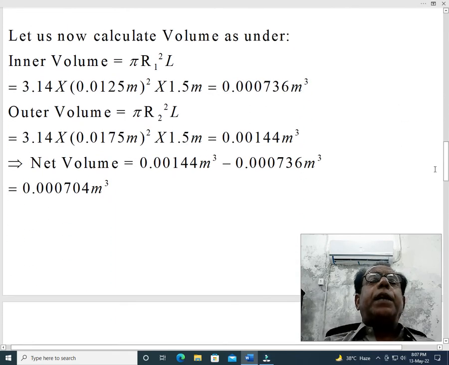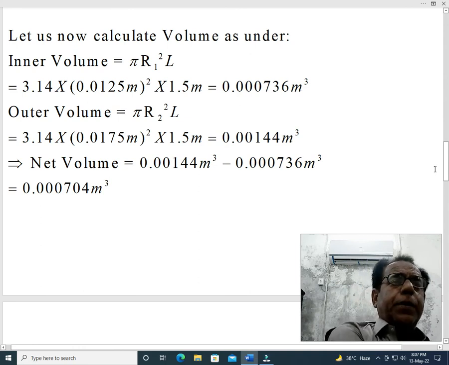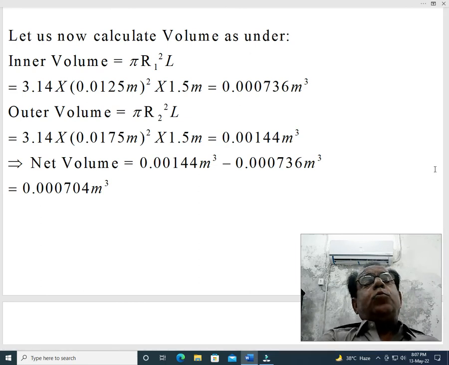Let us now calculate volume as under. Okay, dear students, as there is an inner radius and outer radius, then definitely volumes will again be of two natures, inner volume and outer volume, and then we will calculate net volume, that is outer volume minus inner volume.